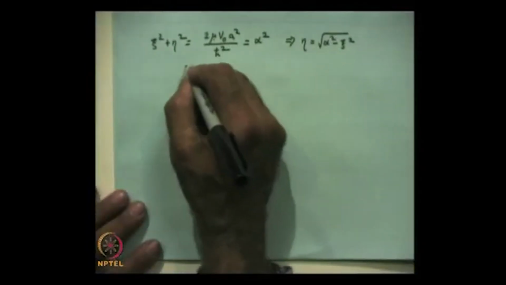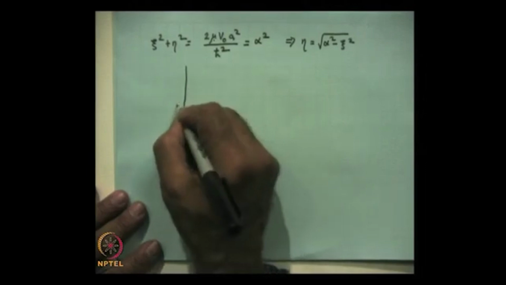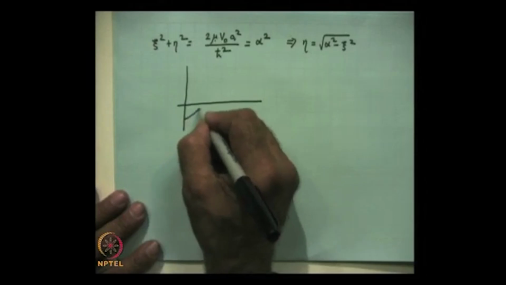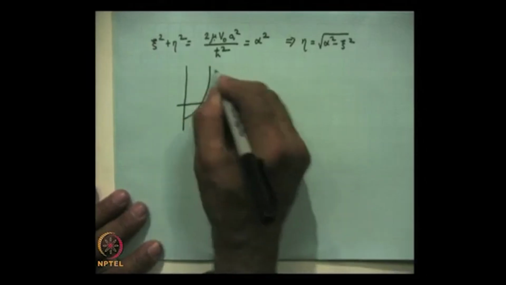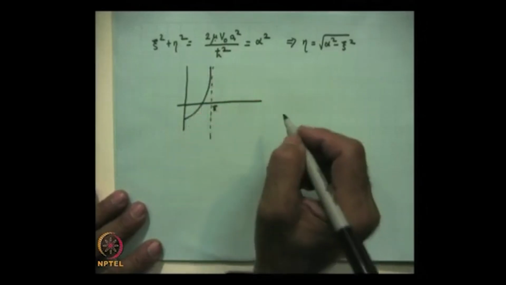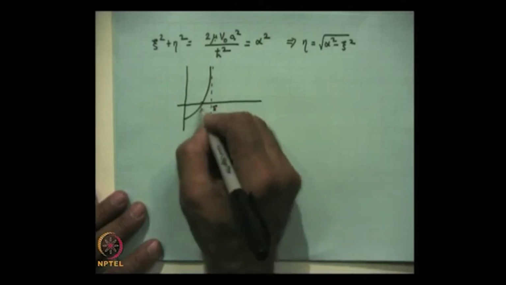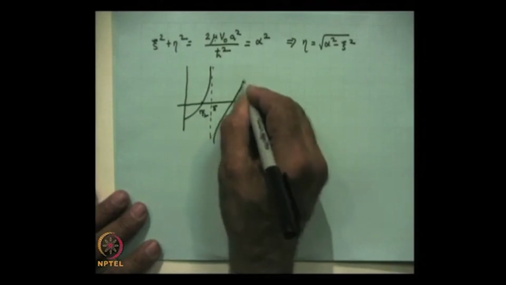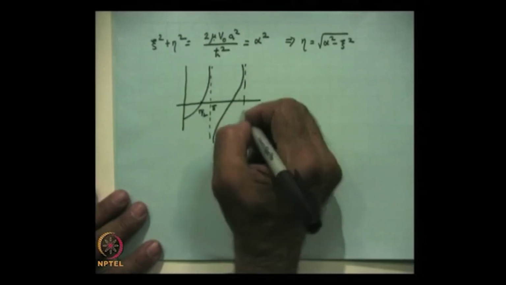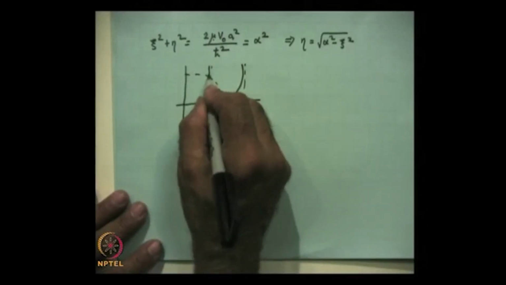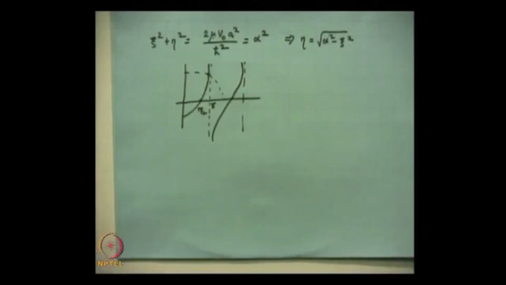So, minus xi cot xi will look something like this. It becomes infinite at pi, and this is pi by 2, and then you will have something like this, and the right hand side will be the quadrant of a circle, and the points of intersection will give me the eigenvalues.